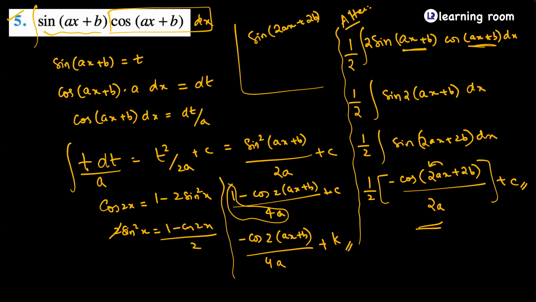It is not a multiplication, but just to avoid the confusion, can I write this as 1 divided by 4a, minus cos of 2 into ax plus b, the whole divided by 4a? That's what I did. So this 1 by 4a, I added to c to write it as some other constant. So both the answers are the same. That's why in most of the problems we get different answers, but don't worry, as long as your method is okay.